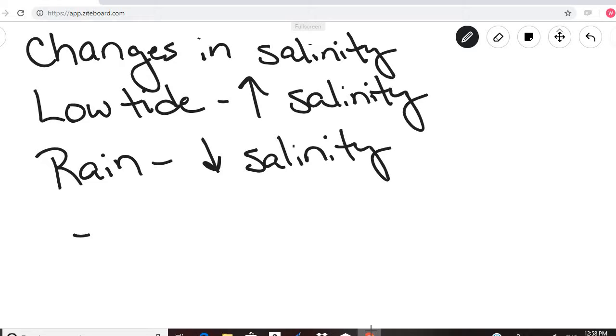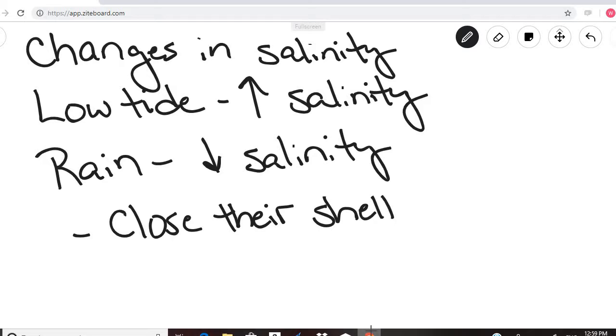One is that they can close their shells, if they have a shell, and that helps shield them against the changes in the salinity of the water. Another way is that they can burrow.